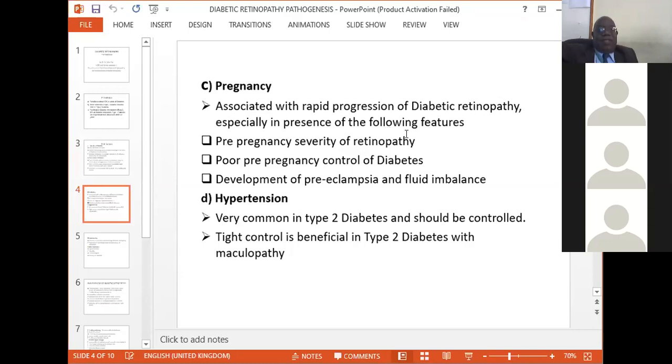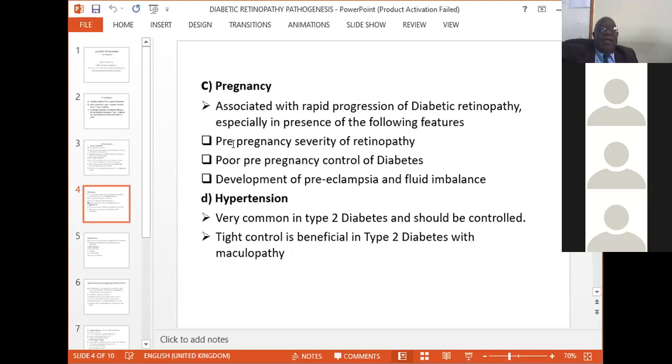Let me explain properly: the progression is especially rapid in the presence of the following features.